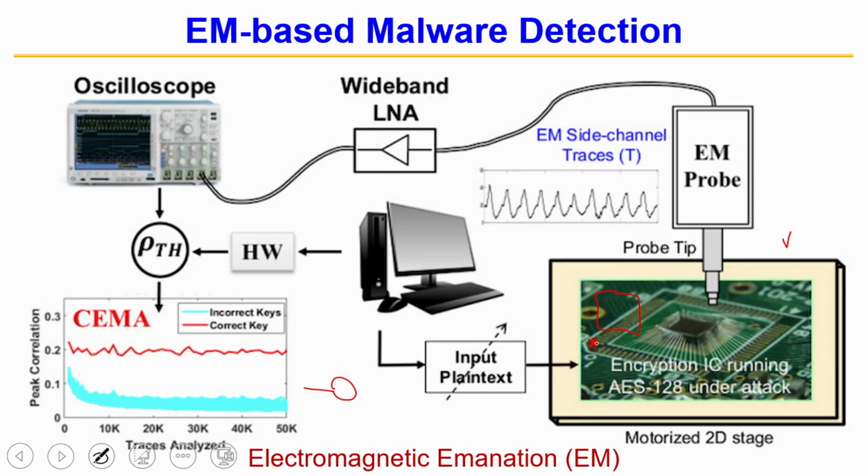If the power supply is here, then for this particular block or set of blocks, you have to hold the probe right here. If you hold anywhere else, you are not going to get the footprint.